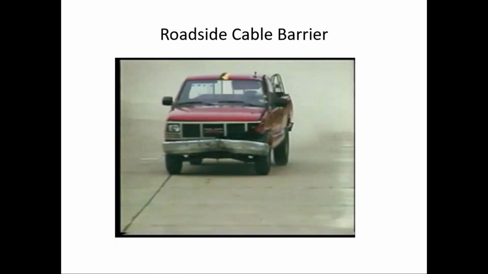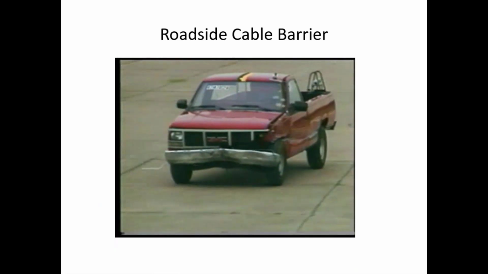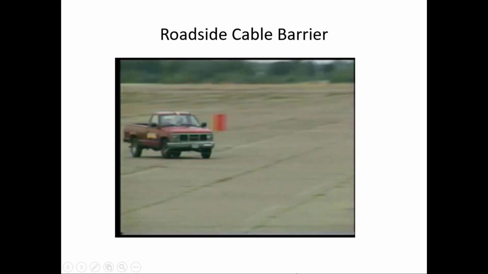Now this is some more MASH testing with the larger pickup truck and I'll run that again, that was pretty quick, and the cable barrier. So again, vehicle should remain upright, no penetration of the passenger compartment. And since this is a cable barrier, the deflection will be on the order of probably 10 to 12 feet. So you might look for that here.